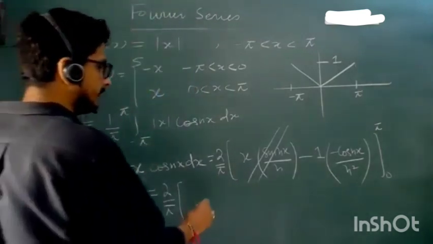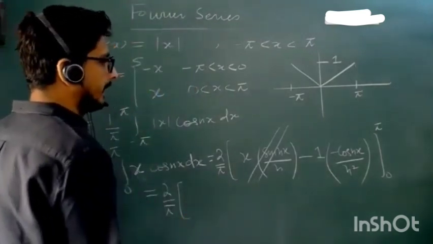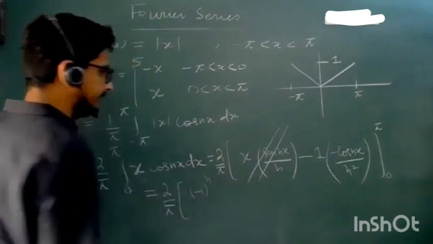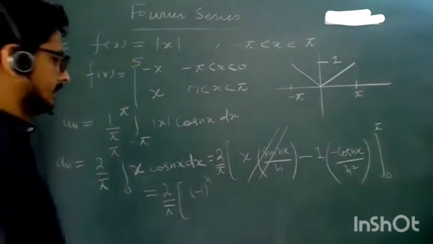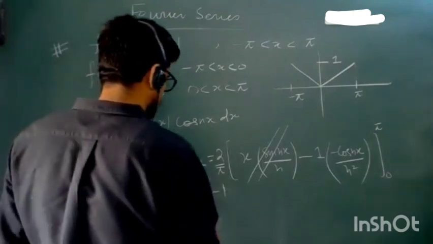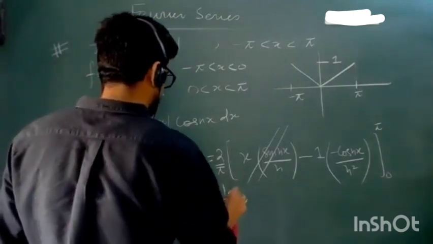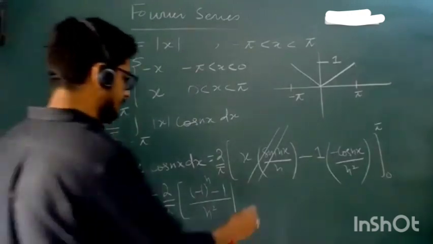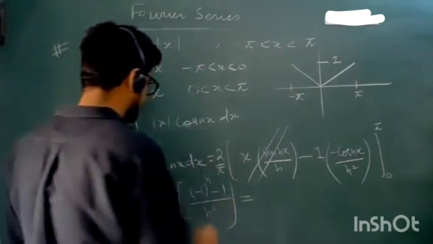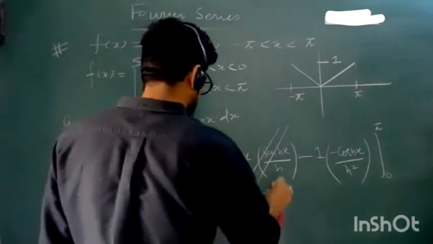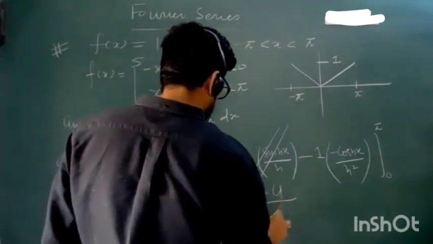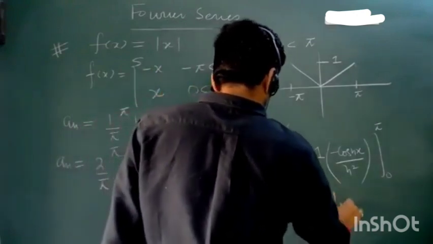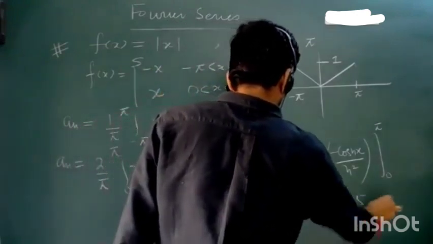This will become cos nπ, which is (-1)^n, minus 1 by n². It will become like this, 1 - (-1)^n, let me write it. So -4/(π n²) at n = 1, 3, 5, and so on.